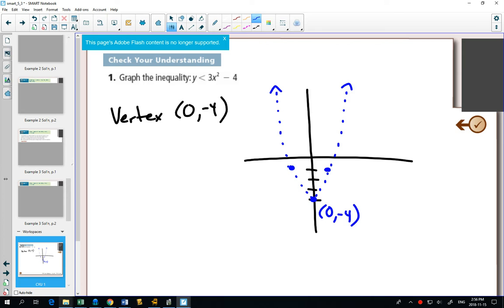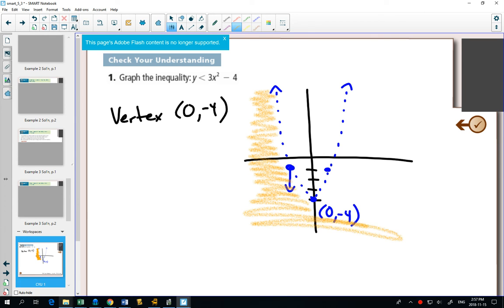So that means we can take any point, and less than would mean that we need to shade below. So I'm going to choose, ooh, this color looks like it's going to be nice. And I shade below my parabola.